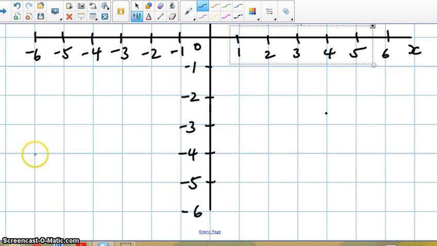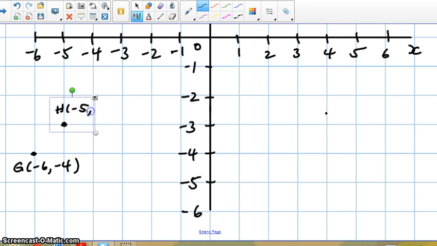Point G will be at -6, -4. Okay, H will be at -5, -3. Again, all dealing in quadrant 3.